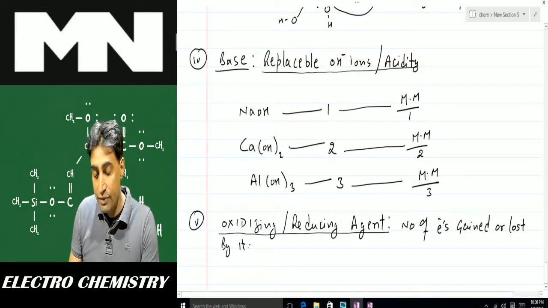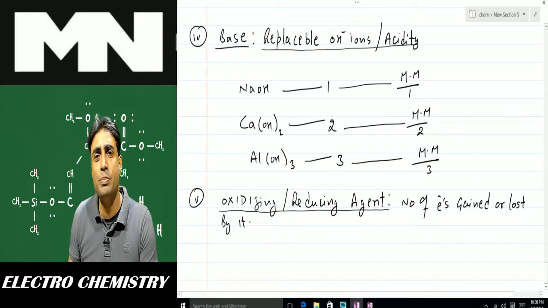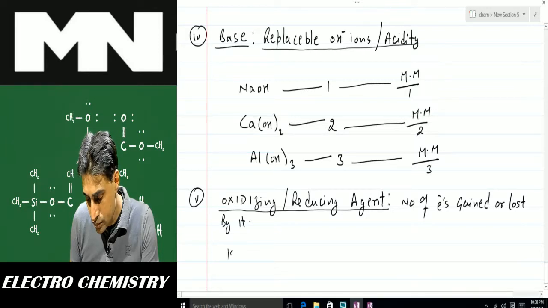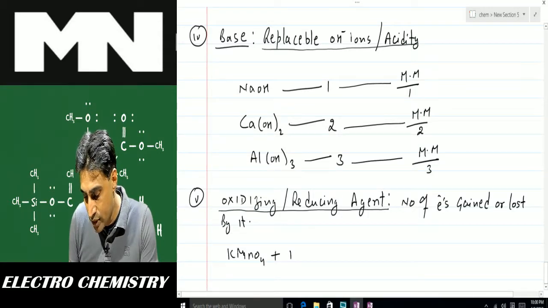For example, let me give you an example of potassium permanganate in acidic medium. Well, potassium permanganate, that is KMnO4, I'm adding some H2SO4 into that.